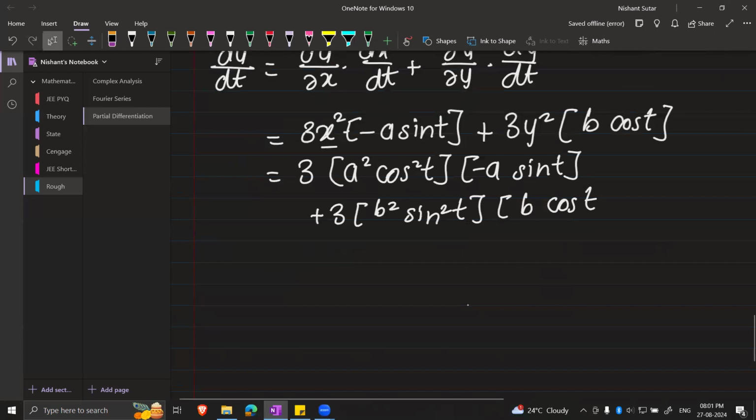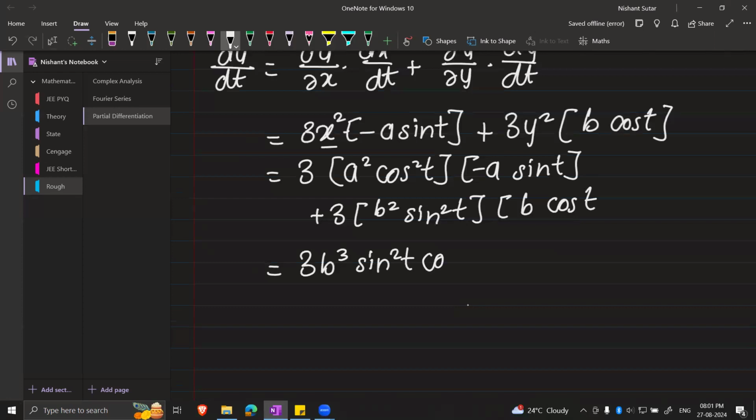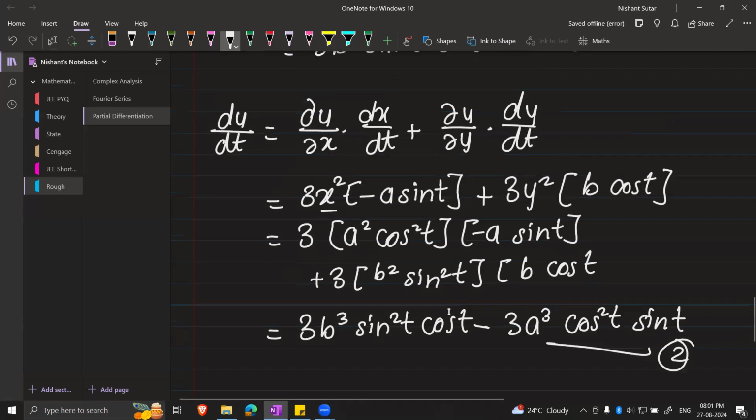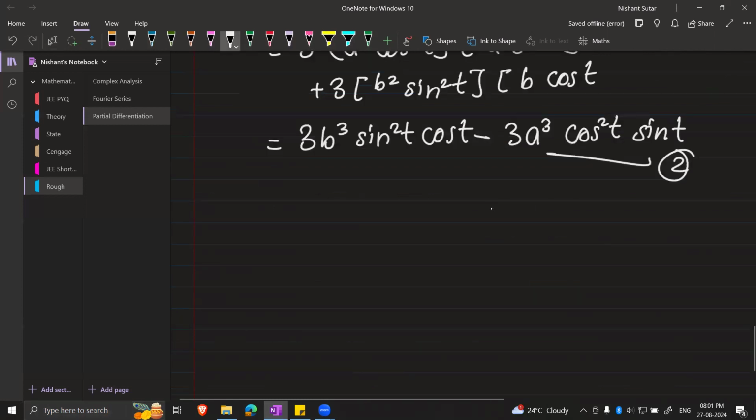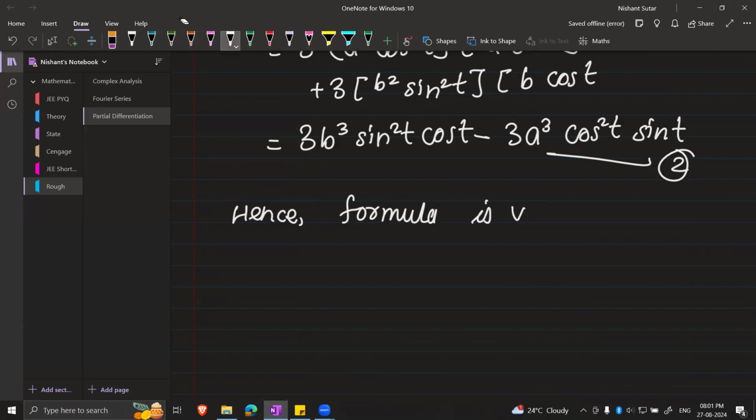So again rewriting, we will get this as 3b cube sin square t cos t minus 3a cube cos square t sin t. So notice that equation 2 and equation 1 are same, hence the formula is verified.